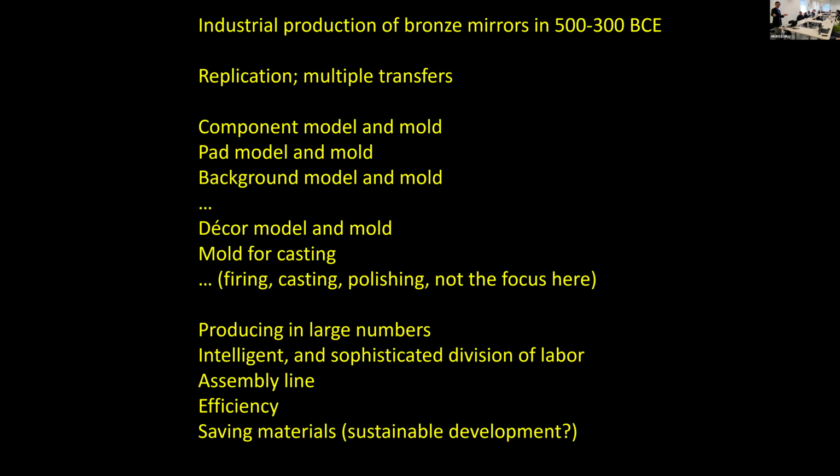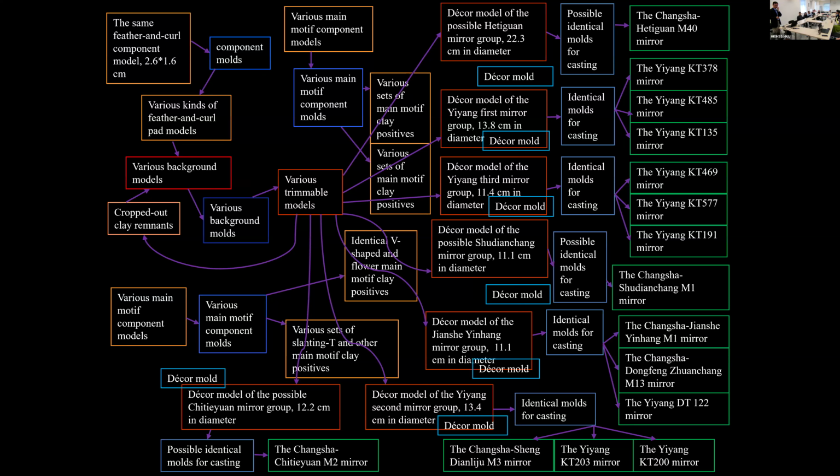All right, and I have to argue that they are producing large numbers. They have very intelligent and sophisticated division of labor. They even form an assembly line in pursuit of efficiency. And so that would be the chart that I'm drafting. Starting from this single component model, they would produce a lot of these things.